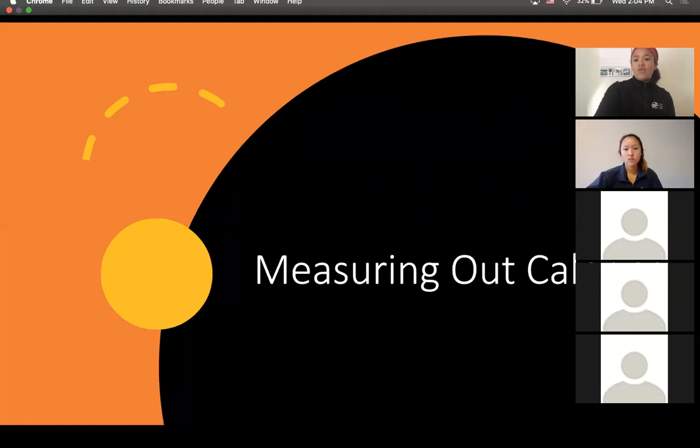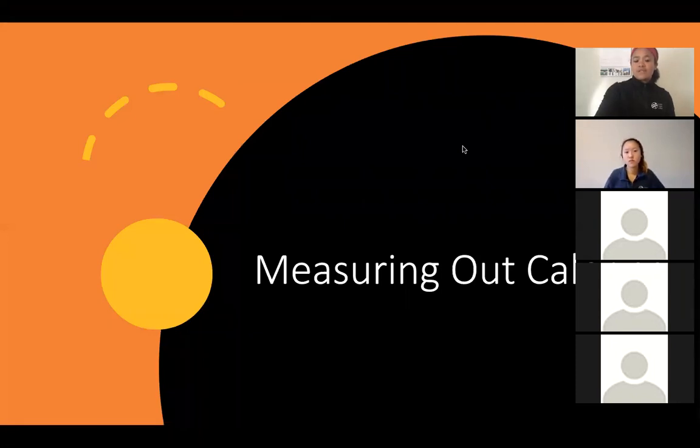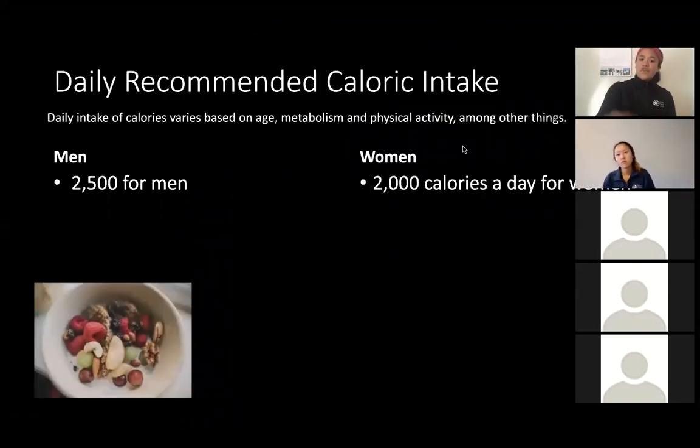All right, so how are we measuring out calories? This is first just the daily recommended caloric intake. It all varies, obviously, based on your age, your metabolism, your gender, and how active you are, so how much physical activity you get throughout the week.